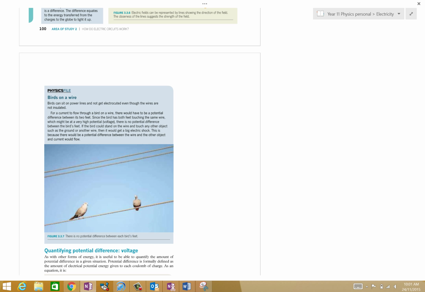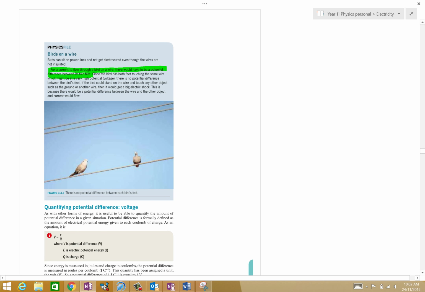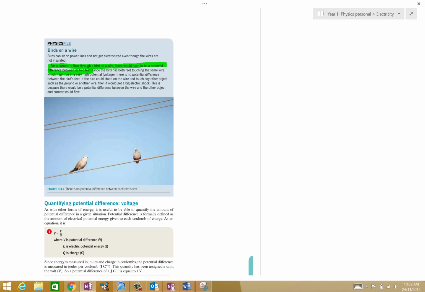You'd have a big potential difference, wouldn't you? So for current to flow through the bird on a wire, there would have to be a potential difference between its two feet. So effectively, that's why the bird is perfectly fine. We're talking massive voltage, massive current.